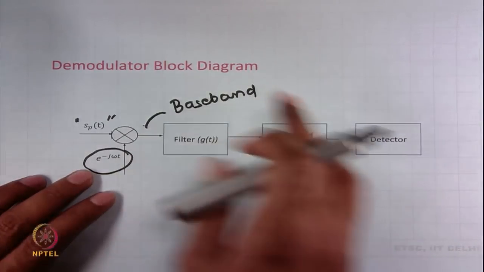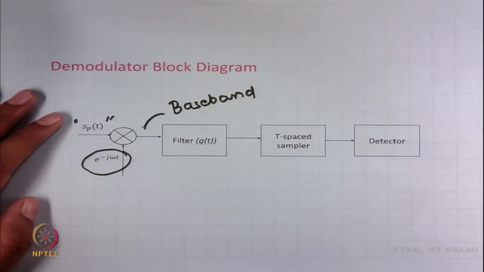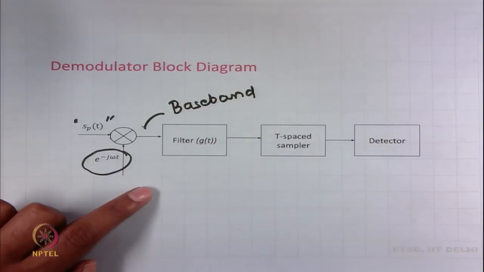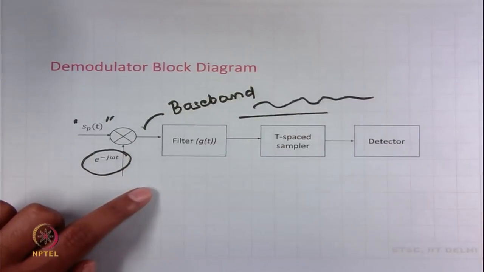So, if it was rotating clockwise, you can assume it to be rotating anti-clockwise or the other way around. Then this baseband waveform passes through a filter. This filter has a different impulse response which we call g(t), and you expect some analog waveform. How to decide about this filter, this we will see later on.